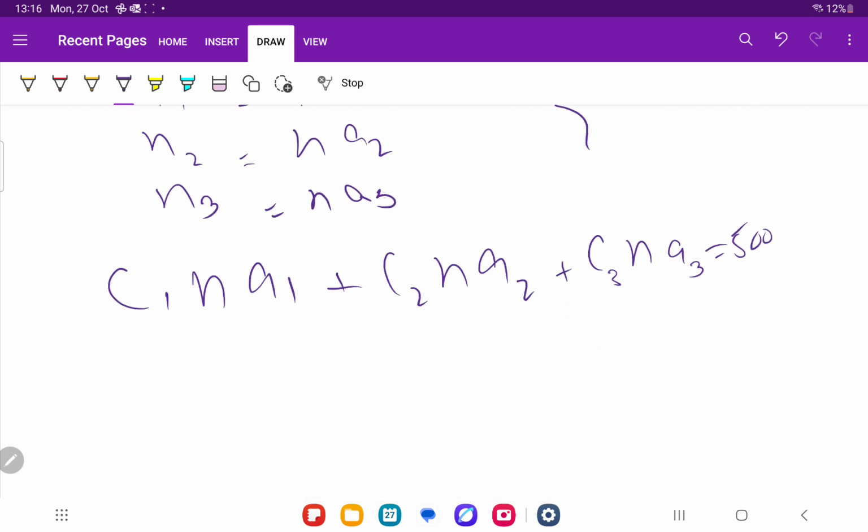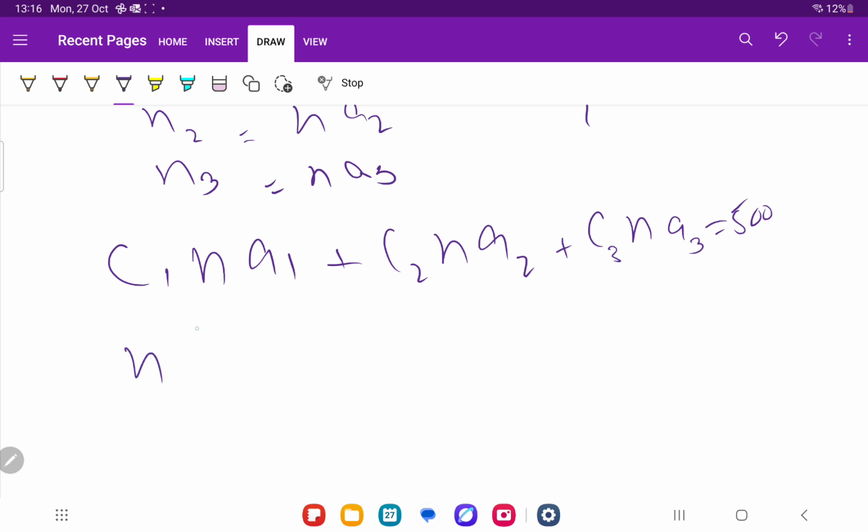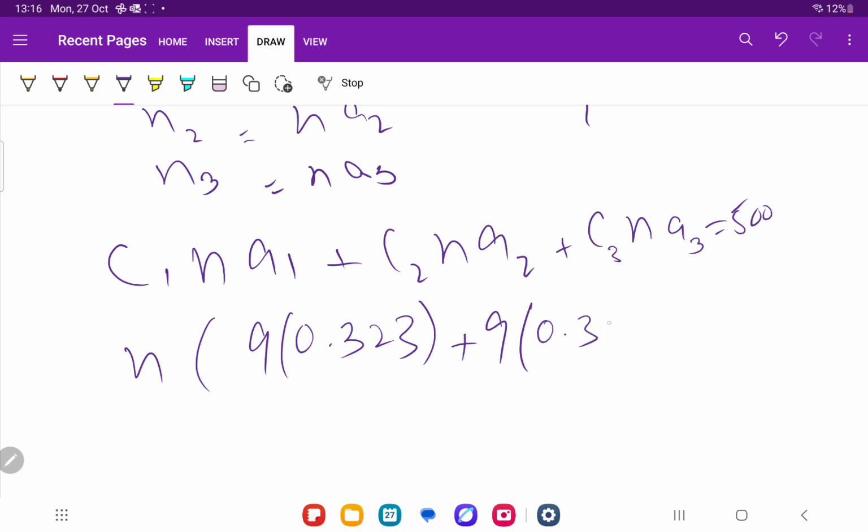So we have replaced all those values and we have obtained N into C1, which is $9, multiplied by A1, 0.323, plus C2, which is also $9, multiplied by A2, 0.387, plus $16, which is C3, multiplied by A3, 0.290.